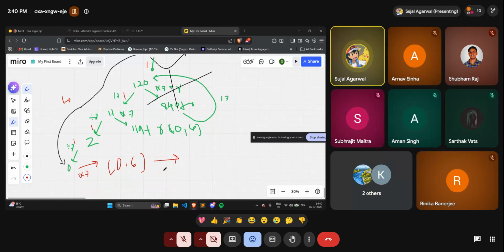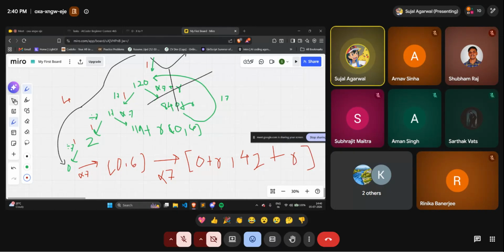And then we again perform the multiplication operation. So 0 into 7 would be 0 plus the remainder. I am adding the remainder. Then 6 into 7, 42, plus the remainder.